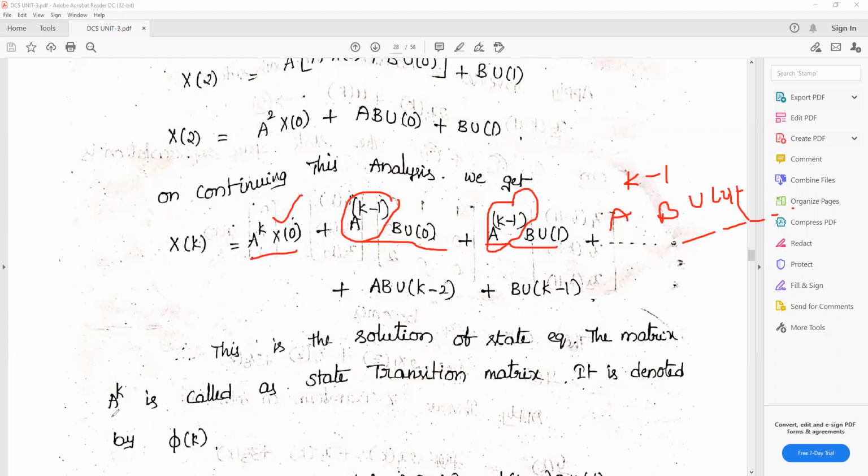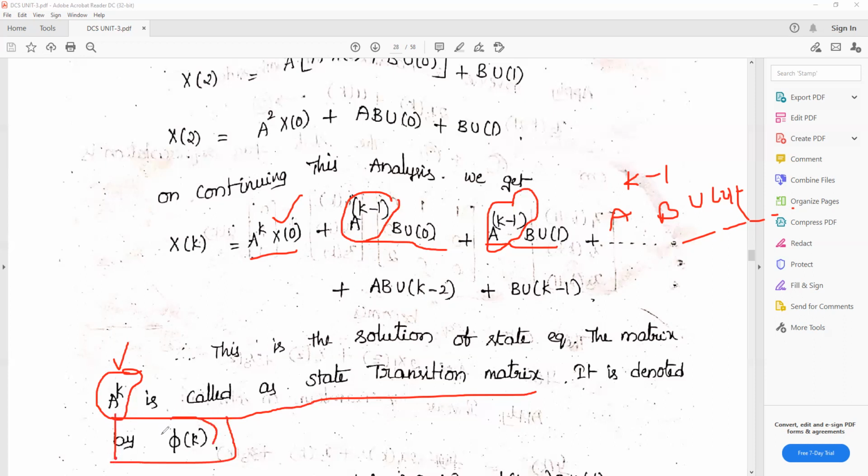The matrix A power k is called the state transition matrix. This is the solution of the state equation. It is denoted by phi of k.